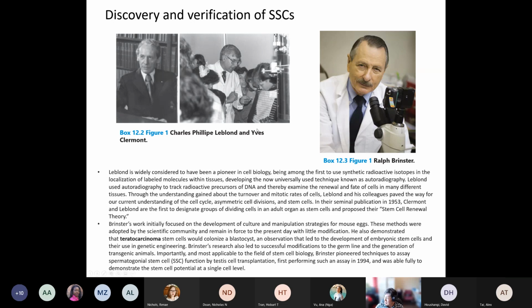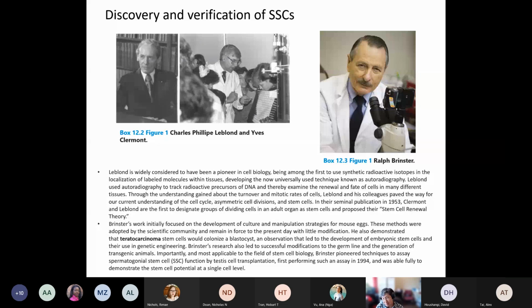So Clement was the co-founder of that theory together with Leblanc. The third scientist here, Brinster, was one who studied teratocarcinoma, who studied how to use embryonic stem cells as a tool for genetic engineering. Somehow he wasn't the one who won the Nobel Prize, but he made great contributions in that area.